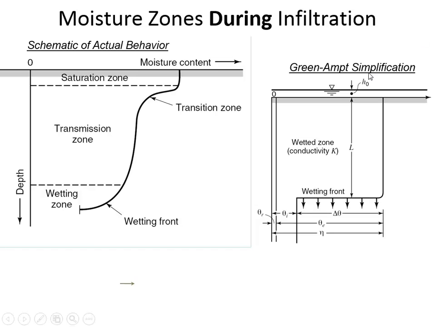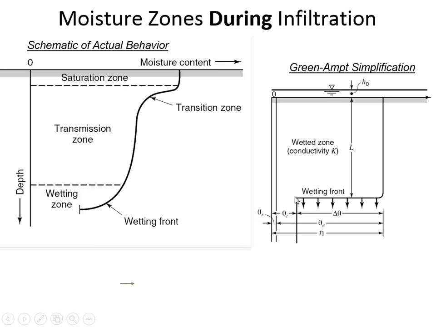And then what Green-Ampt tries to do is estimate how quickly the water is infiltrating by calculating the length of the wetting front, and it assumes that it's going from the initial moisture content to fully saturated instantly, rather than a gradual increase in moisture content as the precipitation slowly picks up.